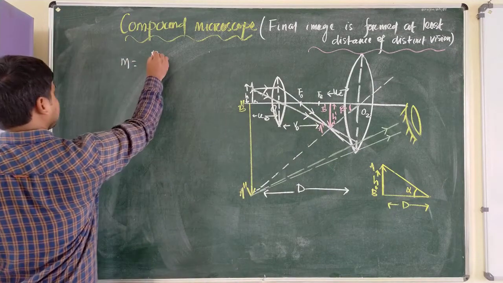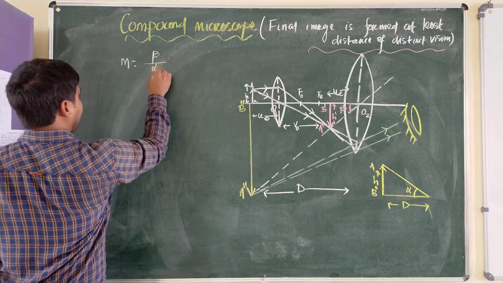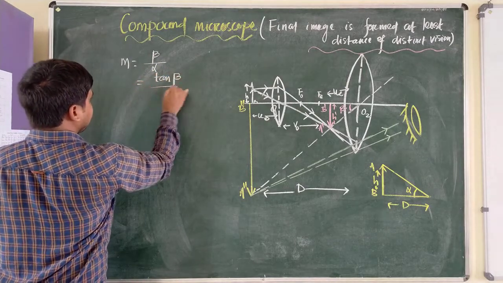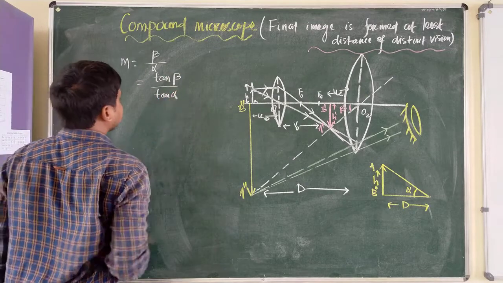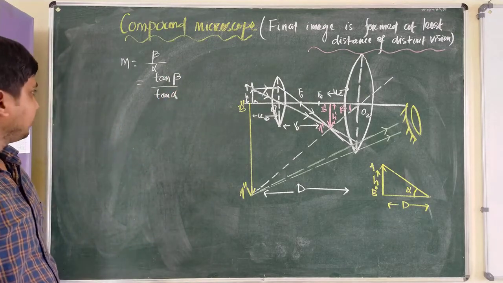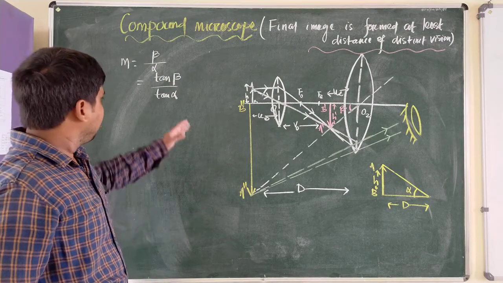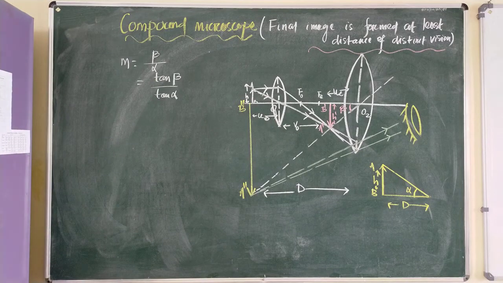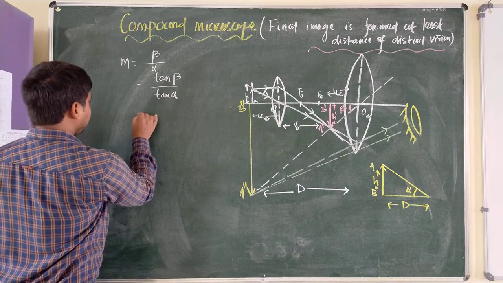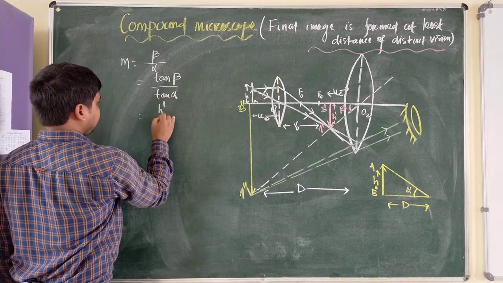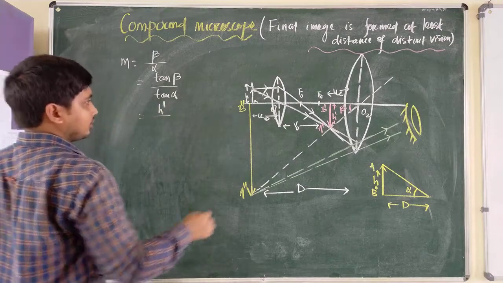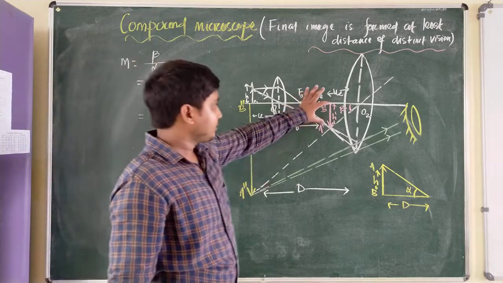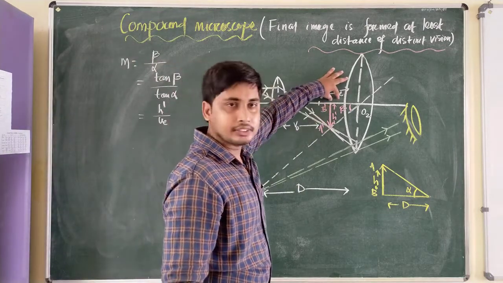So the magnification is given by M equals beta by alpha, which can be written as tan beta by tan alpha for small angles. Now just see, in the triangle A prime B prime O2, tan beta is H prime by UE, where H prime is the perpendicular and UE is the base.